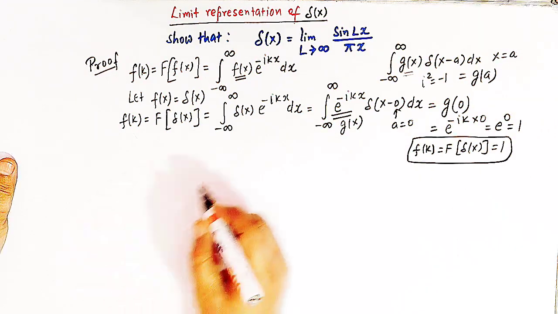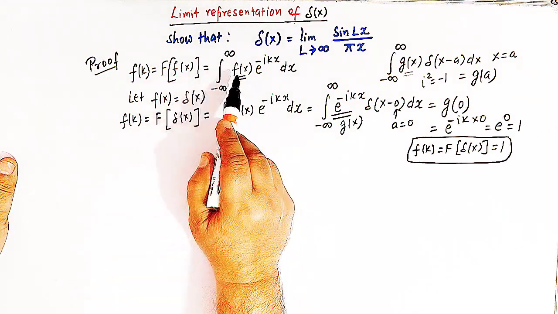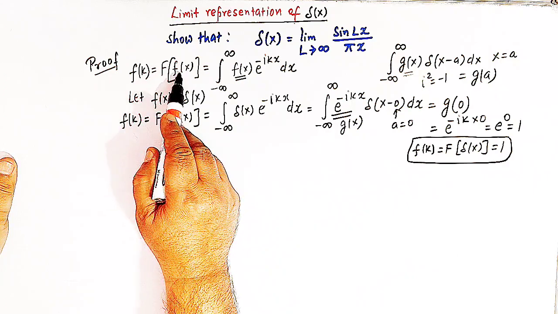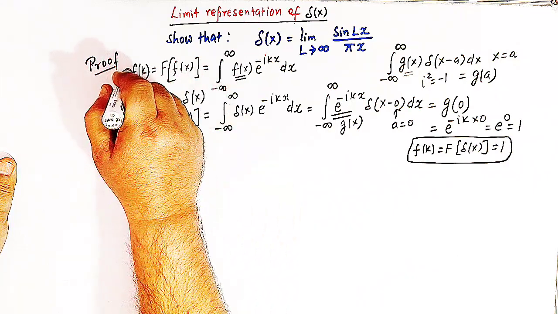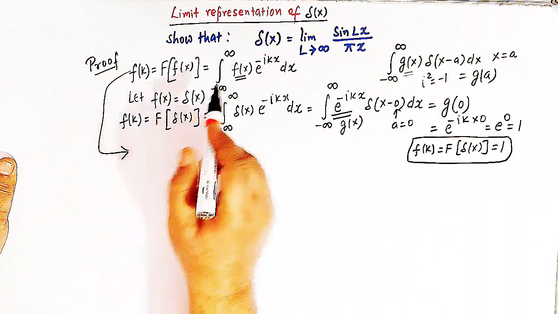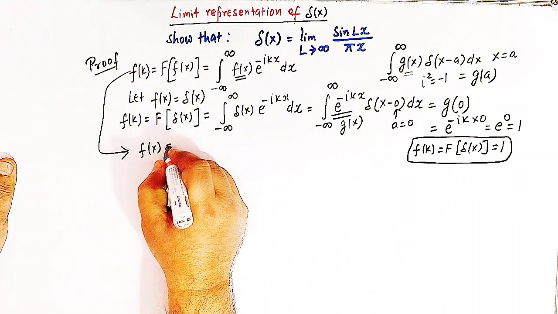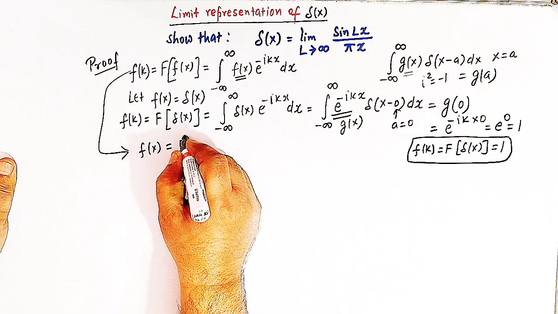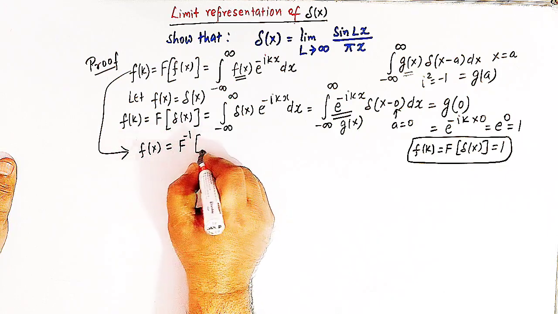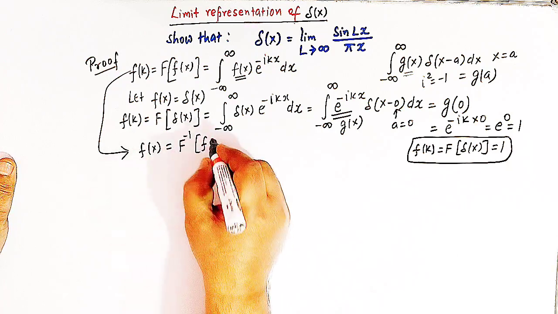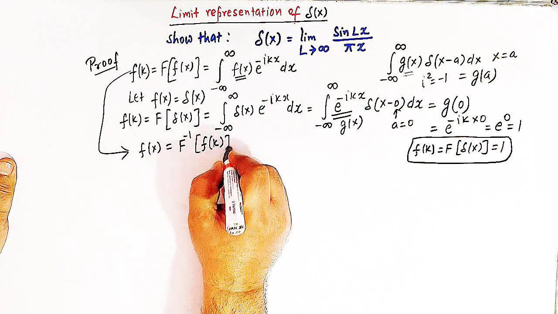So now to get the inverse Fourier transform of f(x), we can use this definition. So we can now write f(x) as equal to the inverse Fourier transform of F(k).